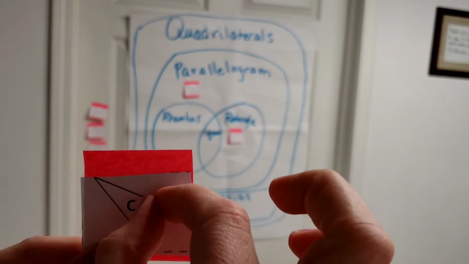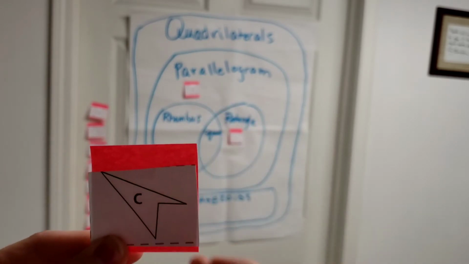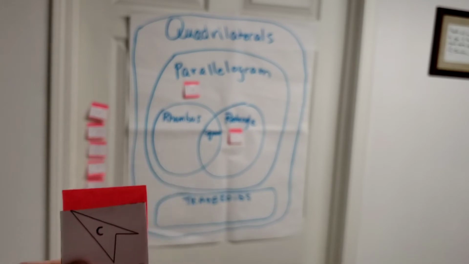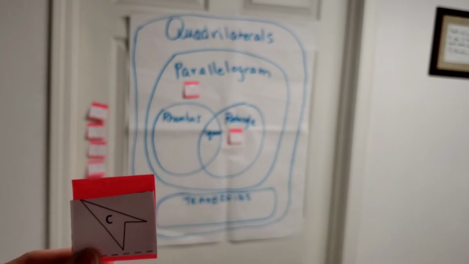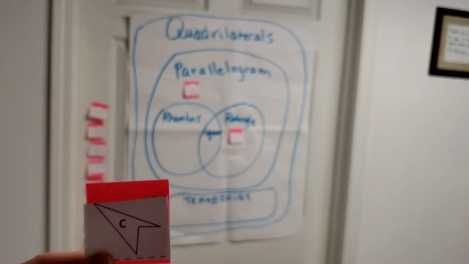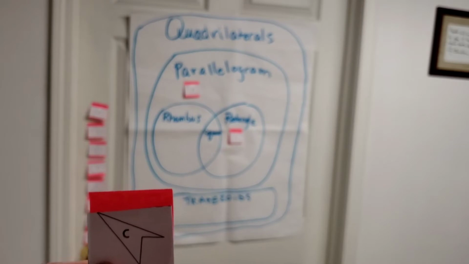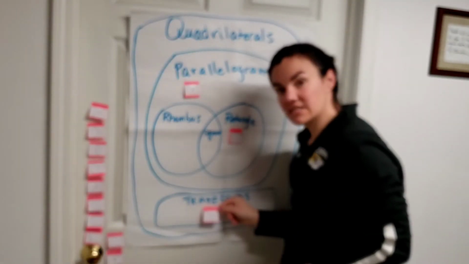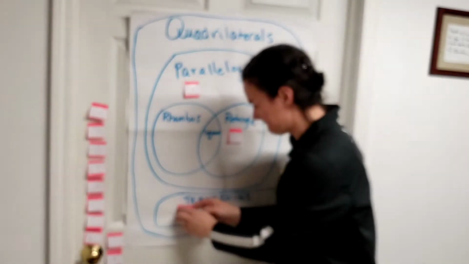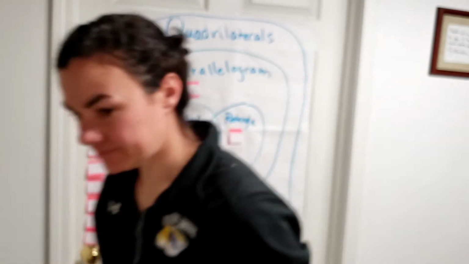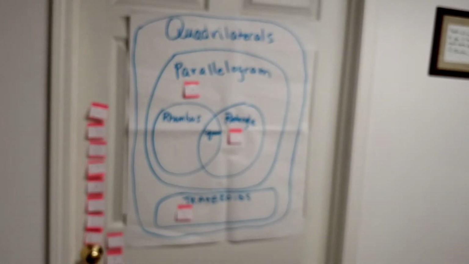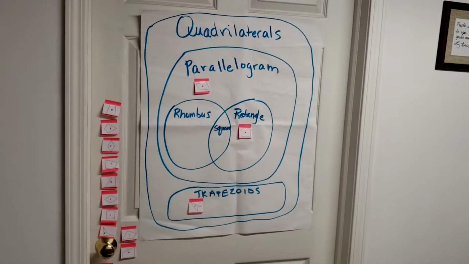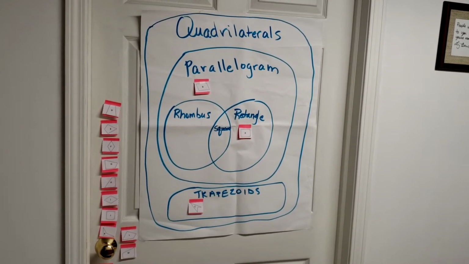These are not parallel. They're going to cross already. So it's in the quadrilateral family. It's not a parallelogram. It's not a rhombus, square, or rectangle because it's not a parallelogram. So you know that it is a trapezoid. That's where C goes. C is a trapezoid.